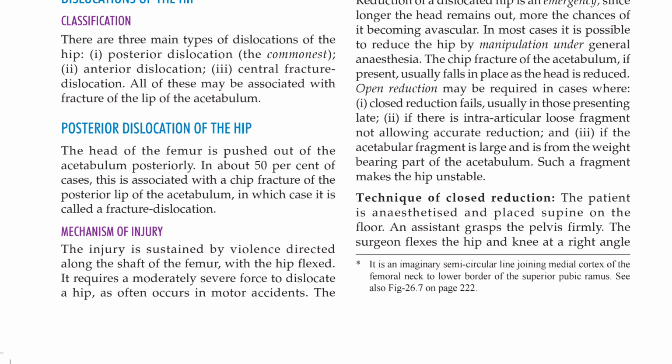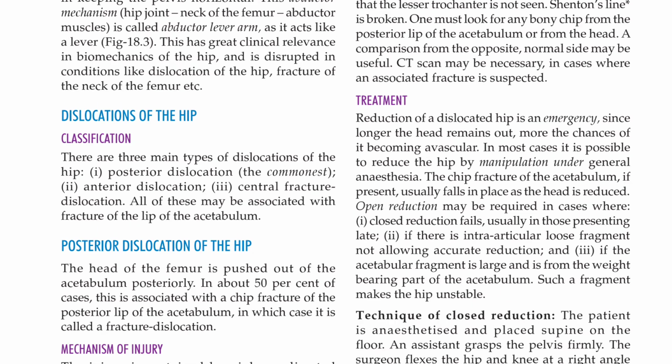And what is the mechanism of injury here? The injury is sustained by violence directed along shaft of femur with the hip flexed. It requires a moderately severe force to dislocate a hip, as often occurs in motor accidents.